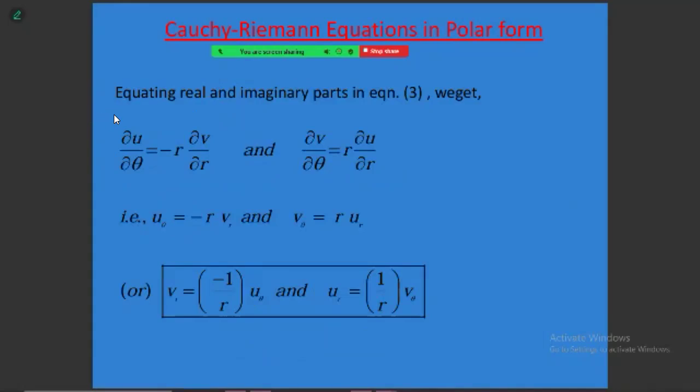That is, u theta is equal to minus r into v r and v theta is equal to r into u r. So, we can write v r is equal to minus 1 by r into u theta and u r is equal to 1 by r into v theta.